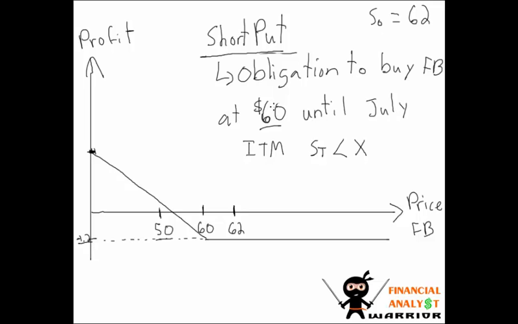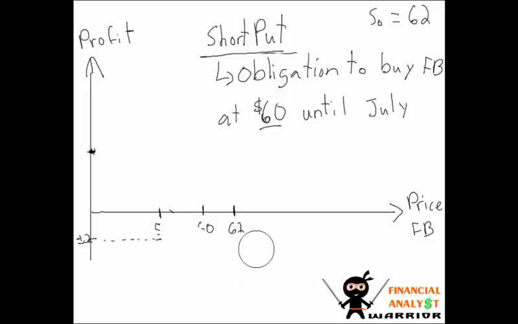All right, so still the same in the money, but let's erase this for now. It's not the same graph, obviously. That would be weird, right? Now, the maximum amount I can make when I'm shorting an option is the premium I collected.